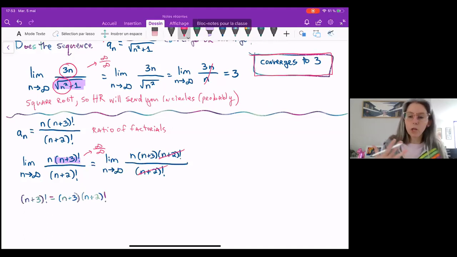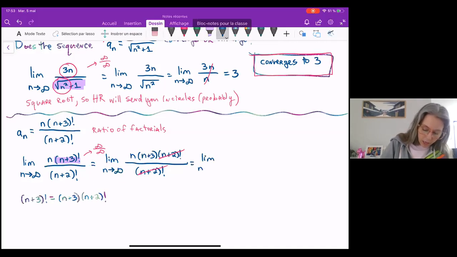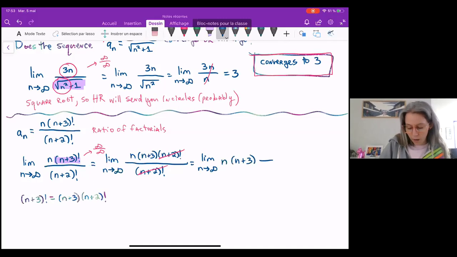So when we have a ratio of factorials, our goal is always to get rid of the factorials. I just did that. So I'll get that this is the limit as n approaches infinity of n times n plus 3. And when I plug in infinity, I just get infinity, which means in this case, my final answer is that this diverges.